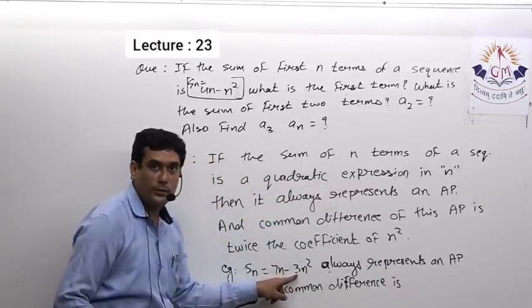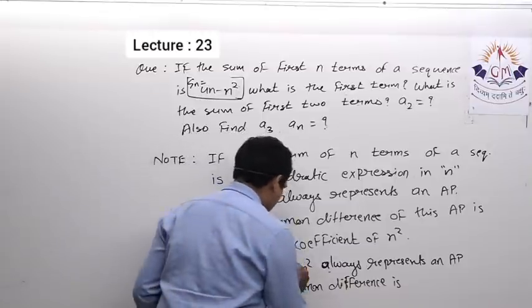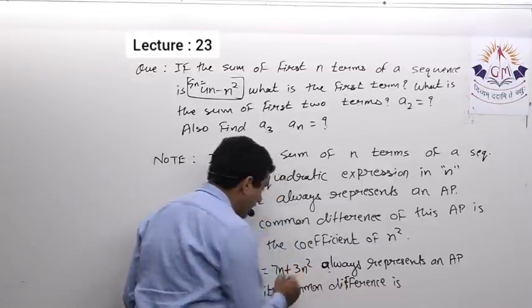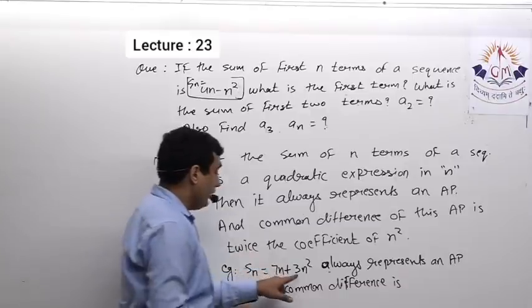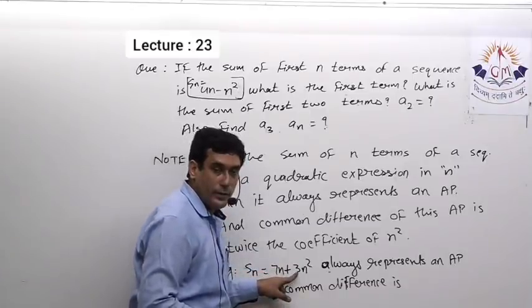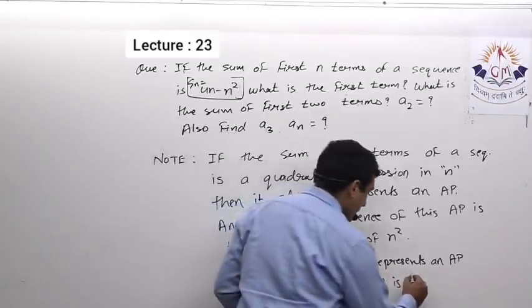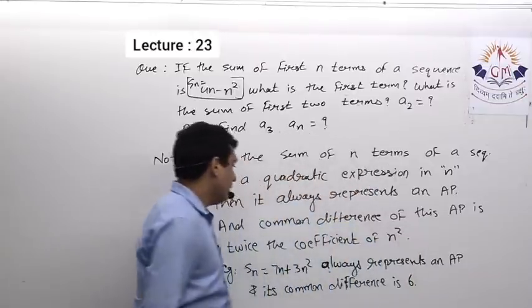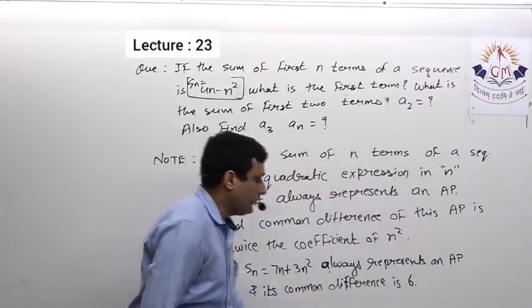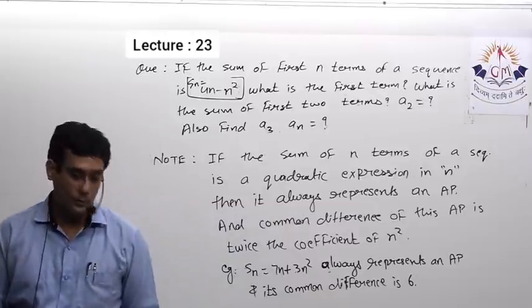The coefficient of n square is 3, its double will be, okay, I'm making a change over here, I'm taking it plus because over there it was already minus. So here the coefficient is 3, so its double is 6. So it always represents an AP and its common difference is 6. Please note it down.